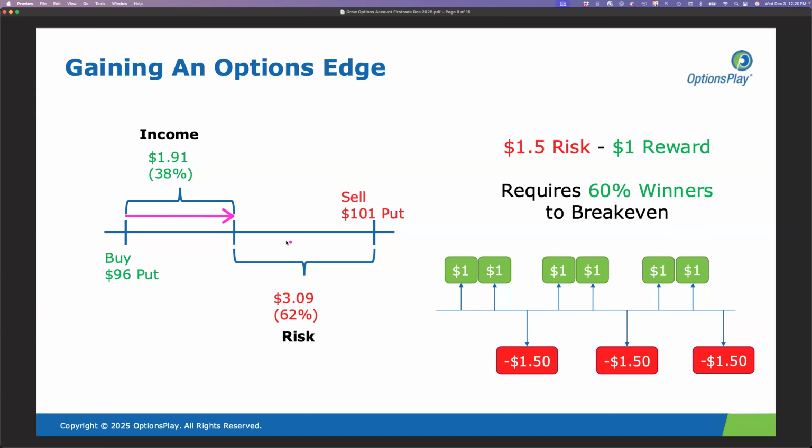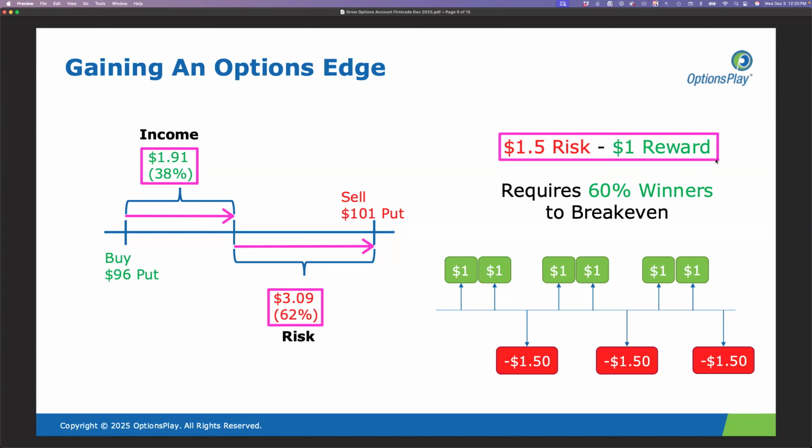But in the example that I gave you here, we're collecting not just $1.67, we're collecting $1.91. When we collect $1.91, our risk is reduced from $3.33 down to just $3.09, which might not seem like a whole lot, but you're now getting to a risk reward that's approximately 1.5-to-1.